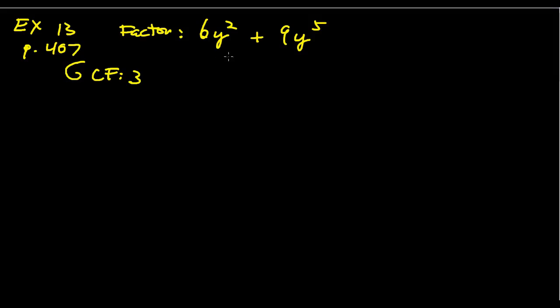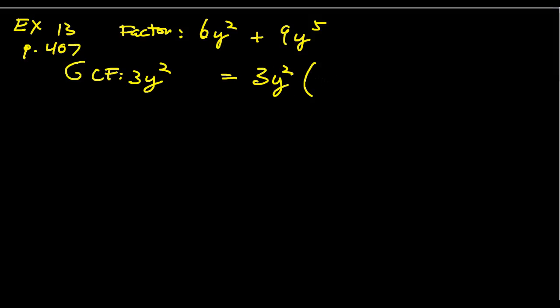And I've got 2 factors of y in this term. I've got 5 factors of y in this term, so I can factor out the common powers of y. So my GCF is 3y squared. So I want to now rewrite this equivalently as a product of factors. I'll get 3y squared. What's left in the first slot?